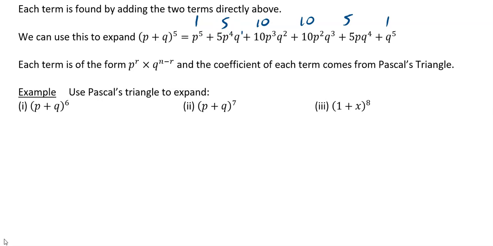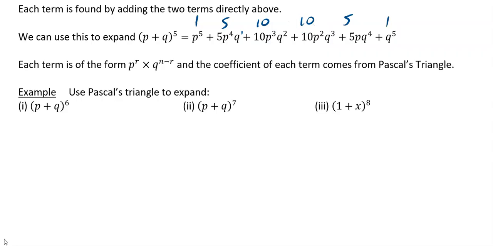Next term, your coefficient is a 10. And the power of your p term goes down by 1, so it's now p cubed. And your q term goes up by 1, so it's q squared. So 10 p cubed q squared. Your next term, the coefficient is 10. And the power of your p term goes down by 1, so it's now p squared. Your q term goes up by 1, it's q cubed.